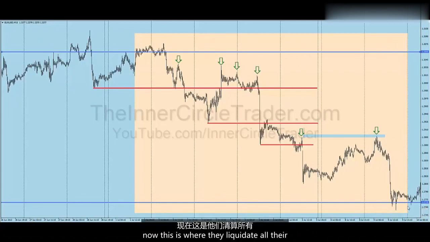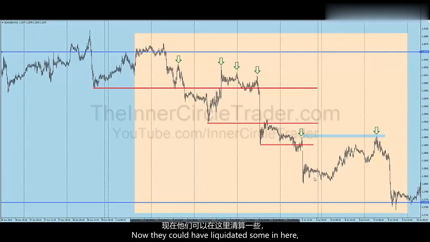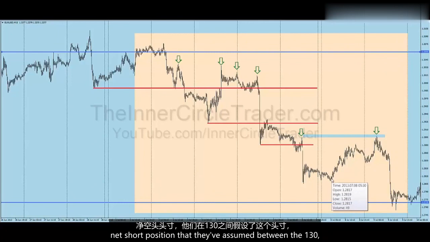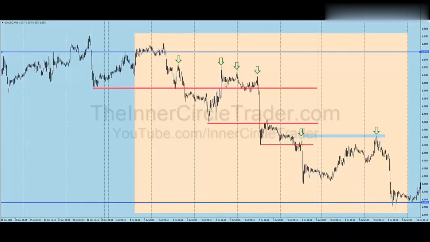Now this is where they liquidate all their short positions back here. They could have liquidated some in here, and that's what caused the pause in here, because now they're buying back some of their net short position that they've assumed between the 130.60 and 150 level up here in this block of price action.